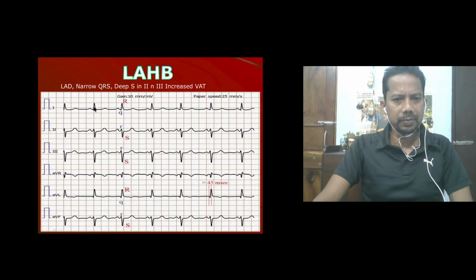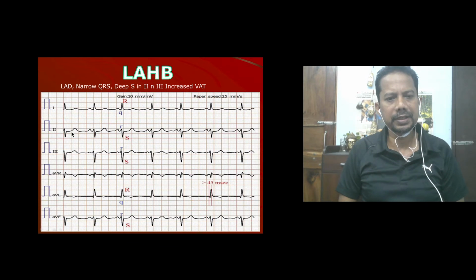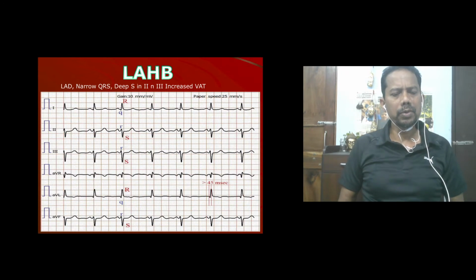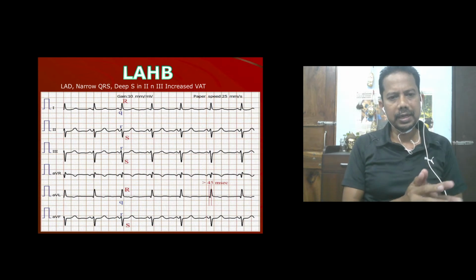So see, lead 1 is positive in LAHB, and AVF is negative. This one has recorded a small r and S, which is very nice. Whenever there is a left axis deviation, you have to think that 99% of the time there is LAHB.